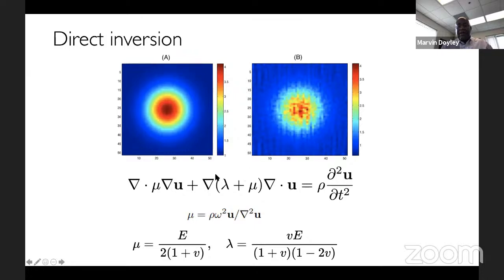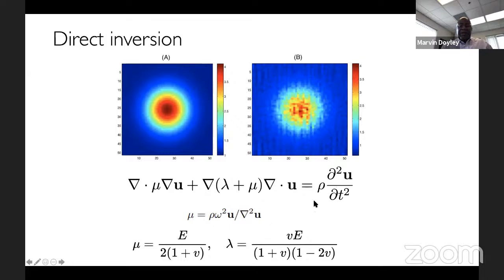If you solve this equation in the frequency domain, this side of the equation just drops down to rho omega squared times the displacement term.